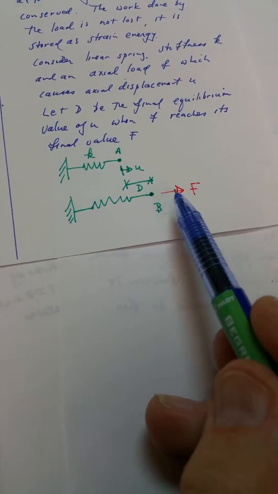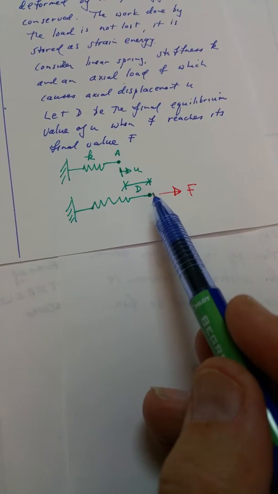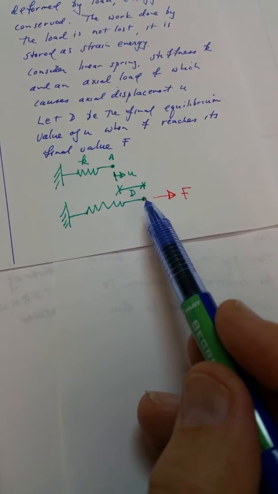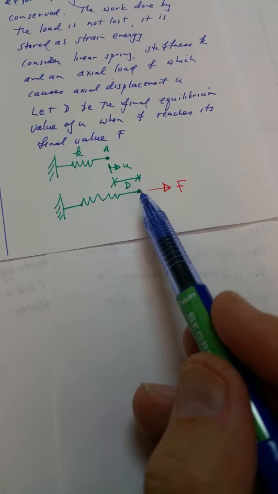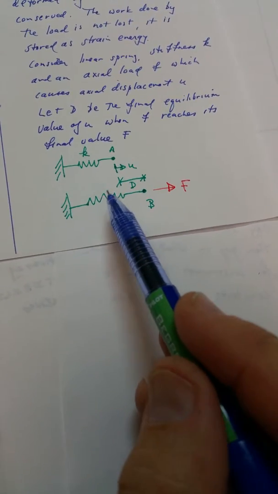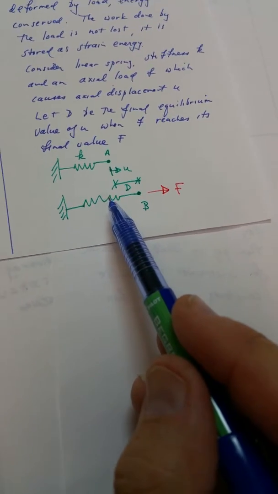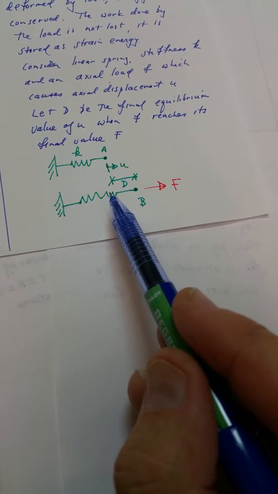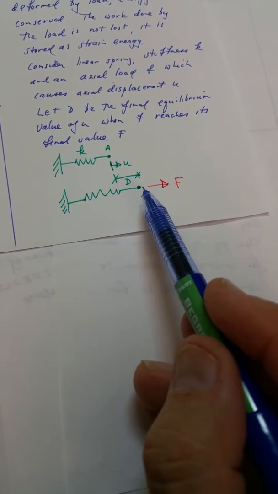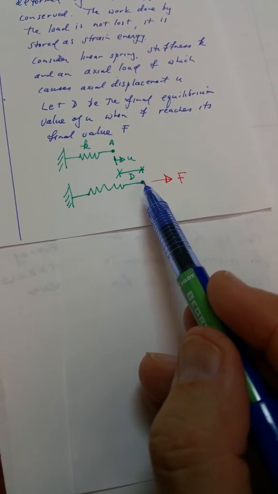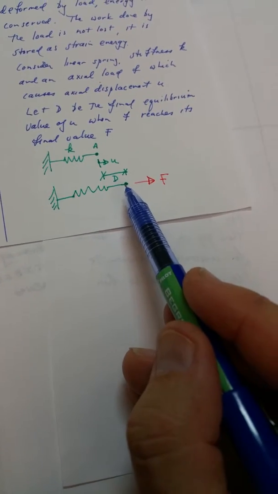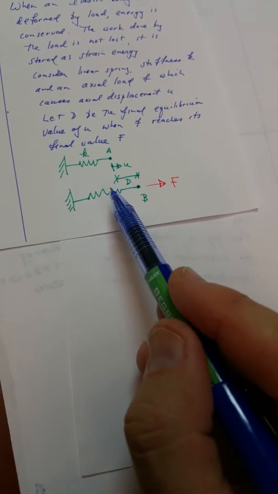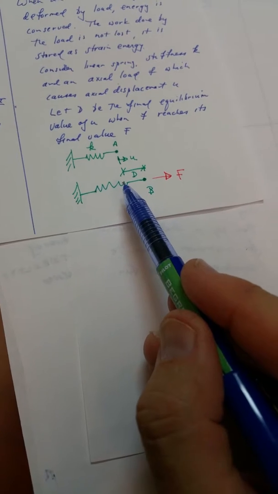Then this load F would do positive work. And the change in strain energy from the spring is K times D, which is the force, times du, times that tiny distance. It's not 1/2 K times D times du.